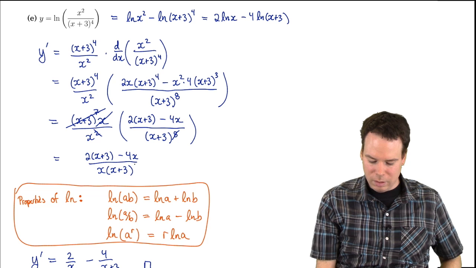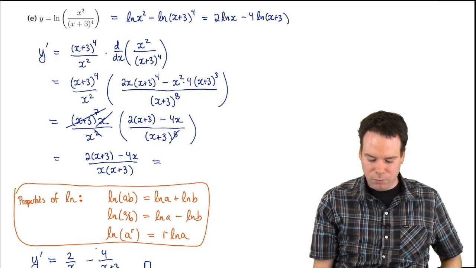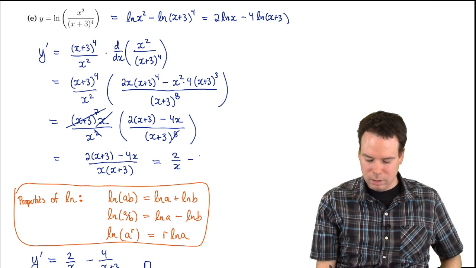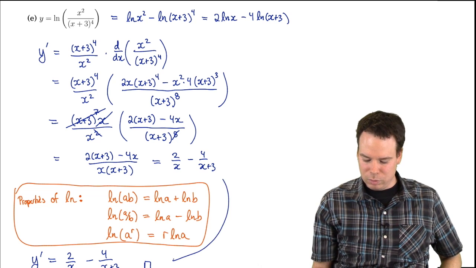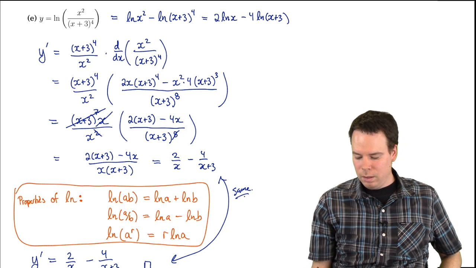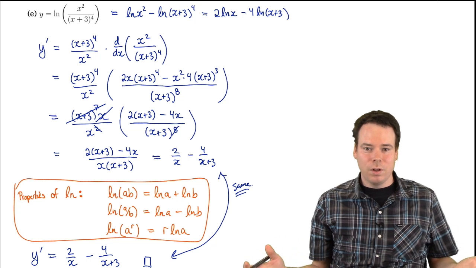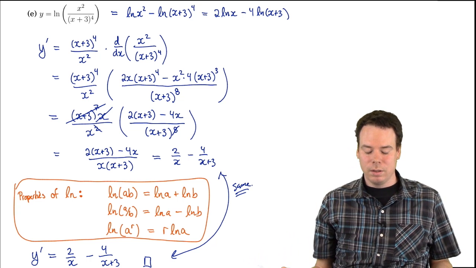And notice if we look at our previous calculation, we got a different form of the answer, but we can see that, hey, wait a minute, if I divide the denominator into each piece, I just get 2 over x minus 4 over x plus 3. So I get the same result. Which one do you prefer? Which one involved essentially the least amount of work?